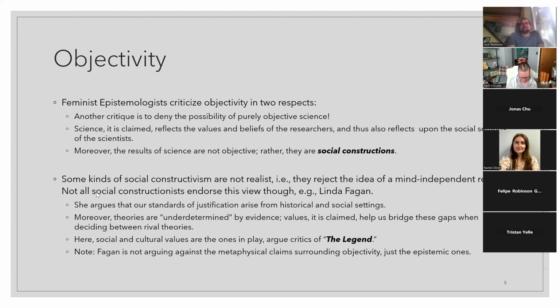So that's what I mean when I said earlier that if you're a social constructivist who does not endorse anti-realism, you're saying these are real things that people do, but the social construction side is the fact that it's people doing them. Social constructs are still real and they matter.